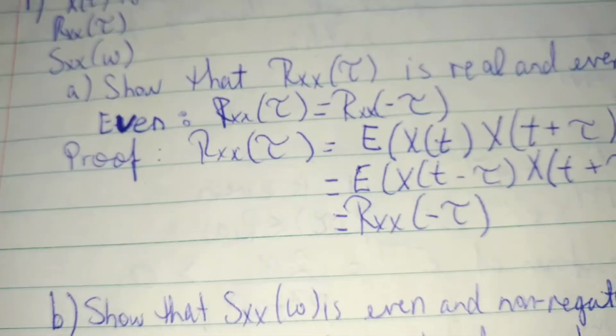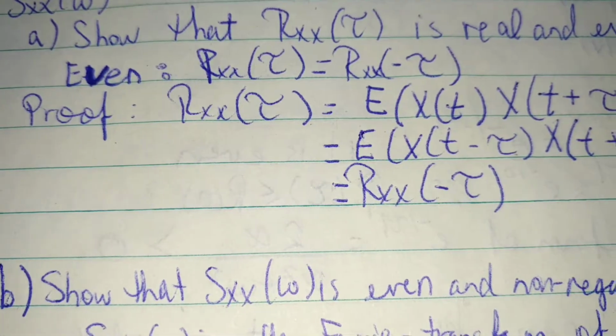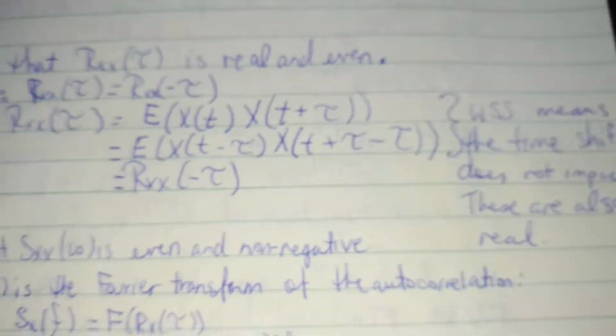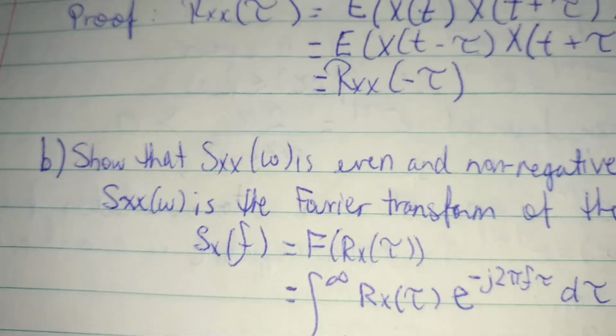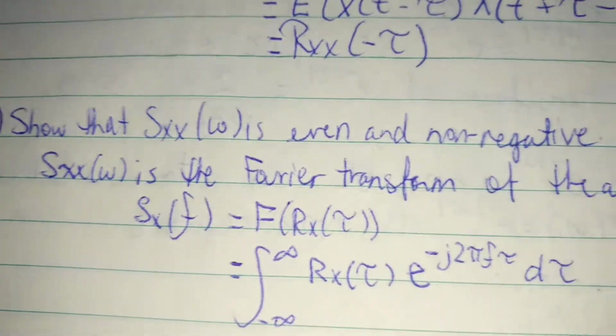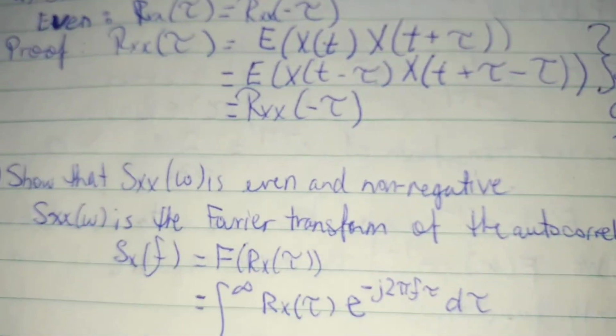The second part of the question says to show that the spectral density of omega is even and non-negative. So we can show that it is even. Here I have a few notes.